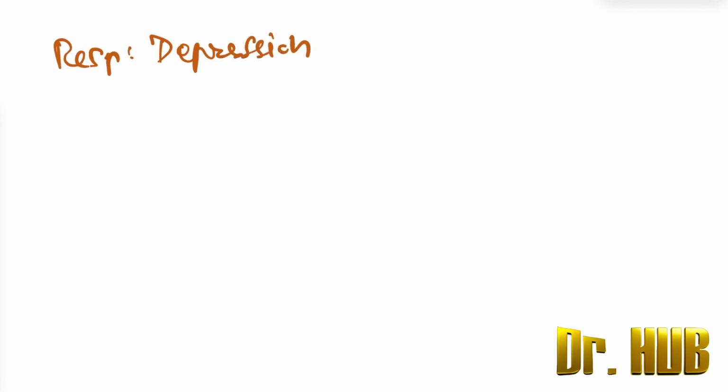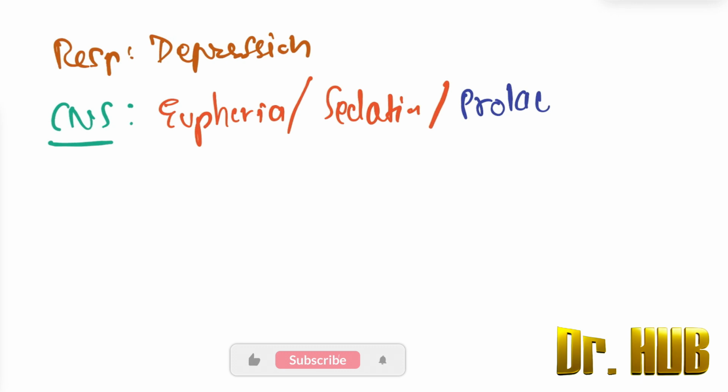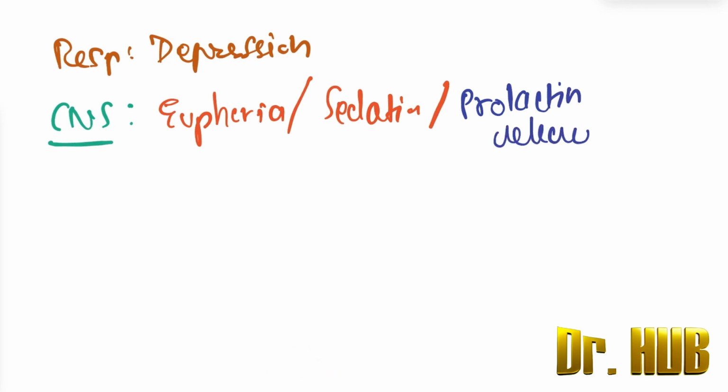What about the CNS findings? Under CNS, there can be euphoria and sedation. Next, there is also prolactin release, all in the case of the mu receptors.